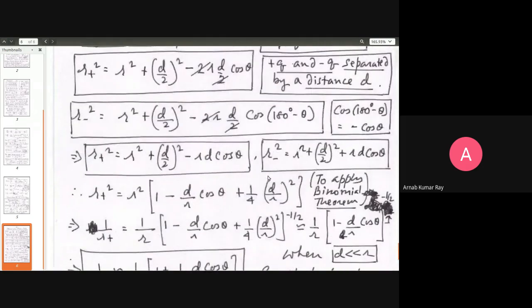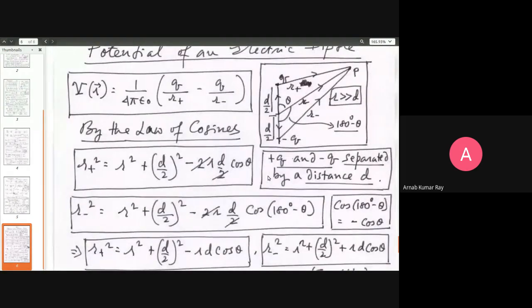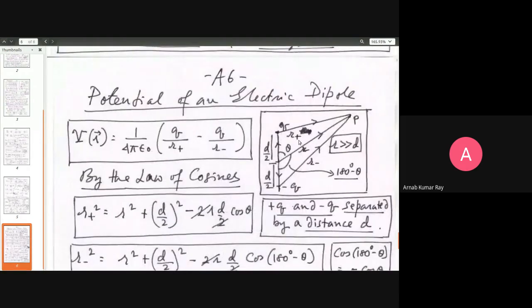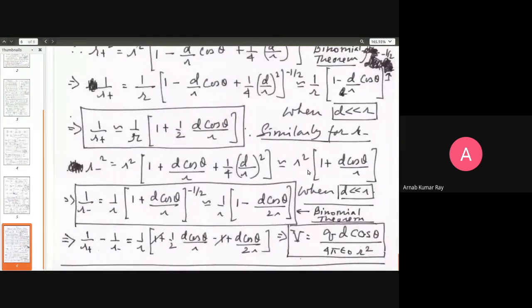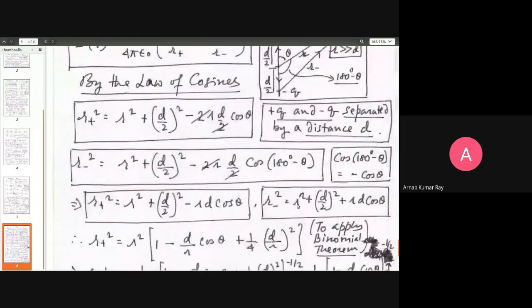But this is the idea of a dipole. What is the potential due to a dipole? The potential due to a dipole with respect to a point that is midway between the two charges, this distance is r. Our final formula, be it understood clearly, is in terms of d and r and cos theta.